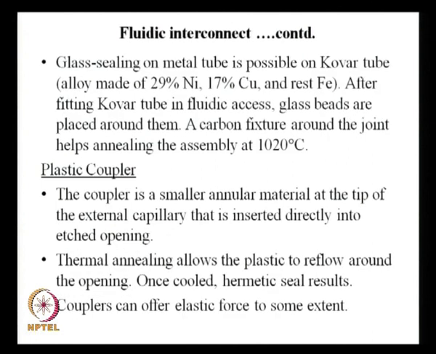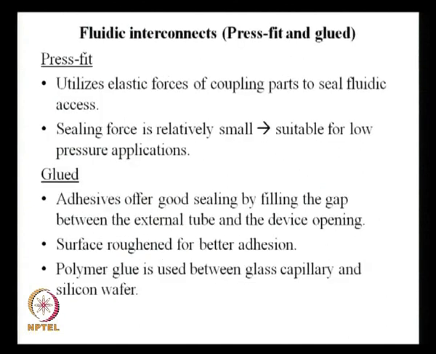There is also glass sealing on a metal tube which is possible. When it comes to silicon and glass, you can use polymer glue. You have a silicon wafer and a glass capillary goes in there. It is easy to make glass capillaries, so the glass capillary goes in there and you can apply the glue around.